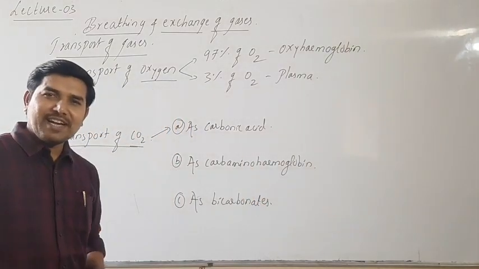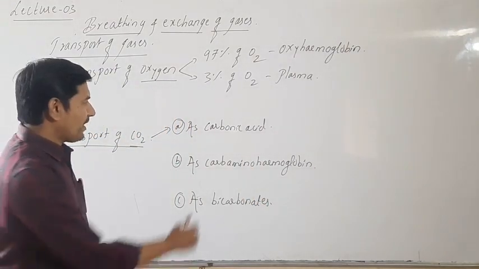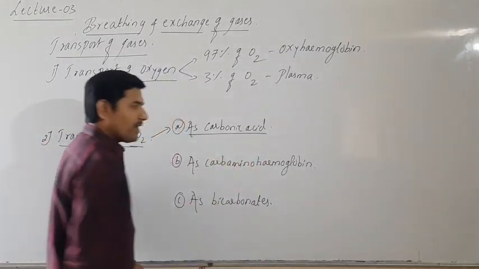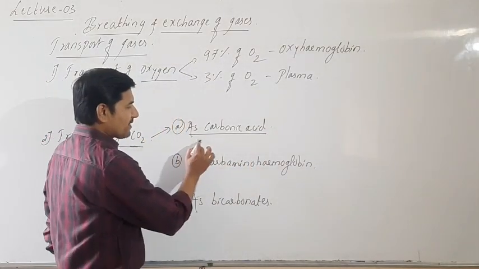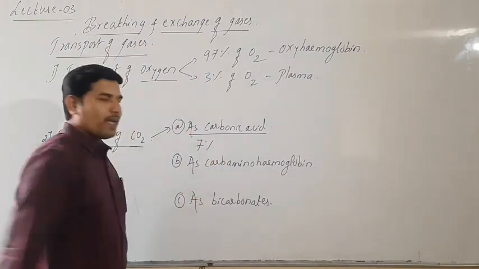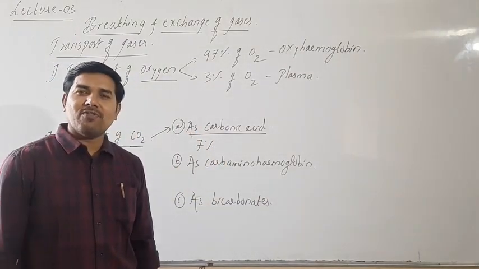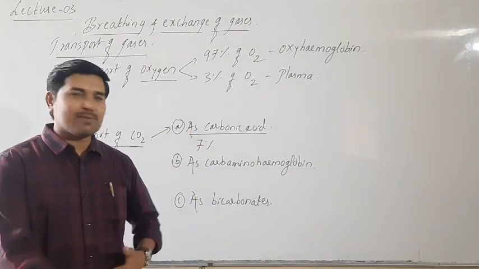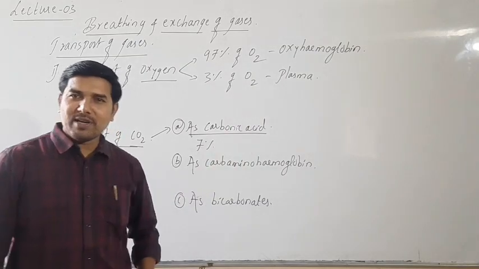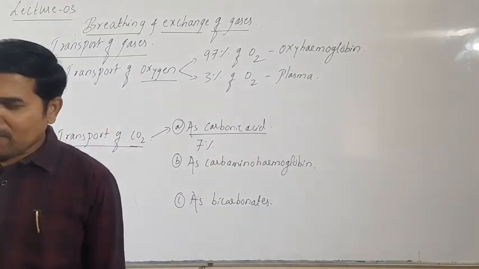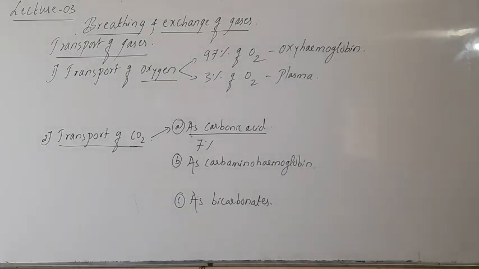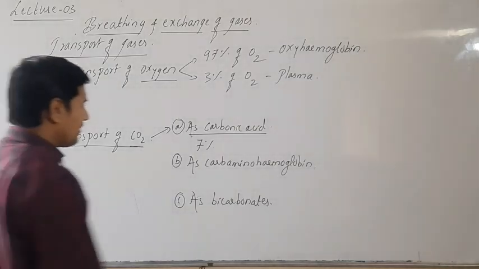What is the percentage as carbonic acid? Around 7% of the carbon dioxide is transported in the form of carbonic acid. As far as this 7% is concerned, it is by the plasma.